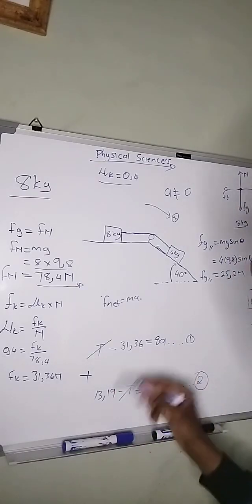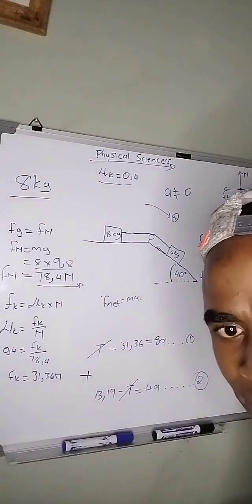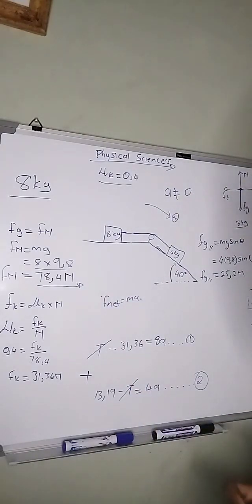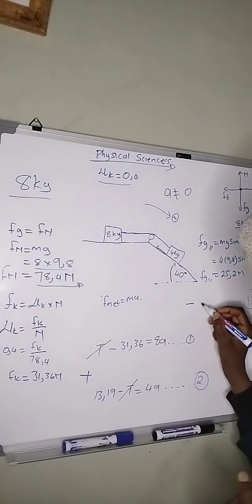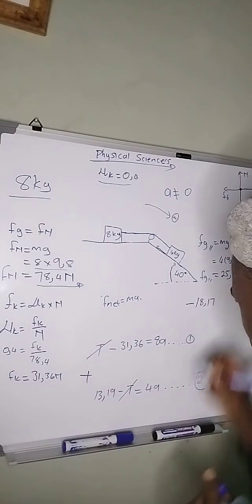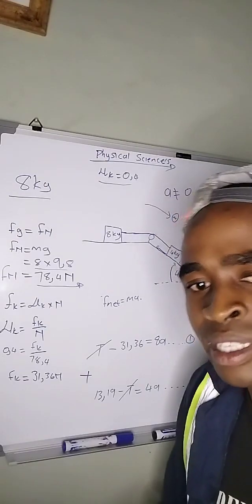And whenever I add this 2, what do I have? Negative 18,17. So I'm going to have negative 18,17.